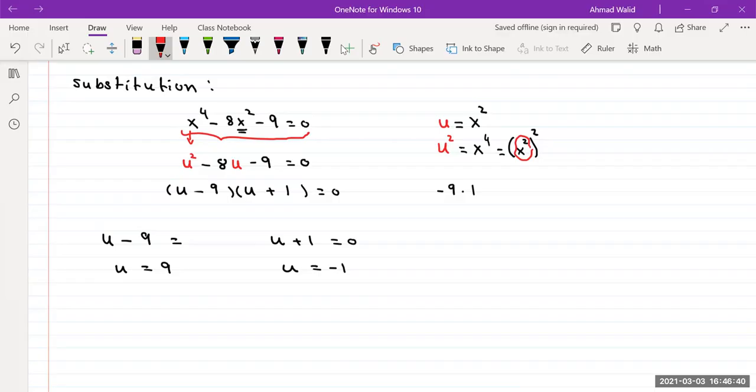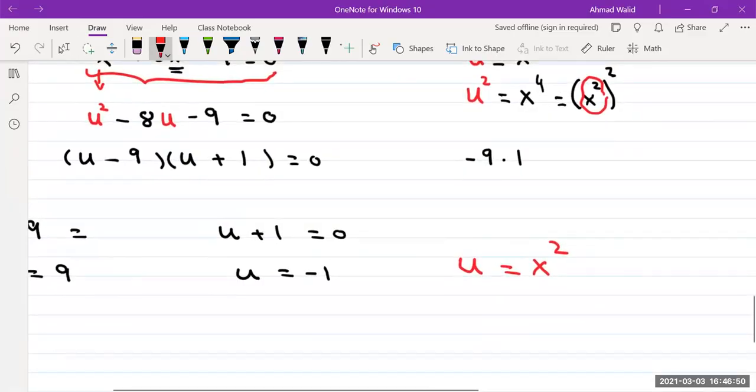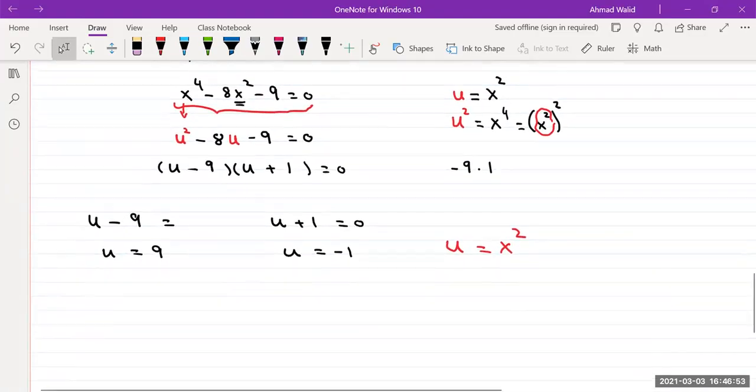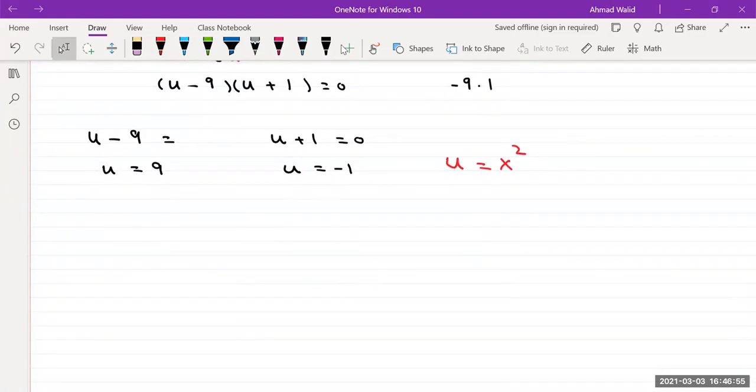Substitute back the value of u, because let me rewrite here, your u is x squared. Substitute back the value of u and solve it. Okay, I have u equals 9.